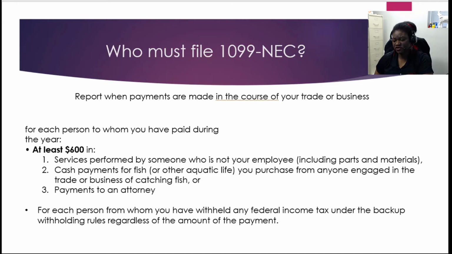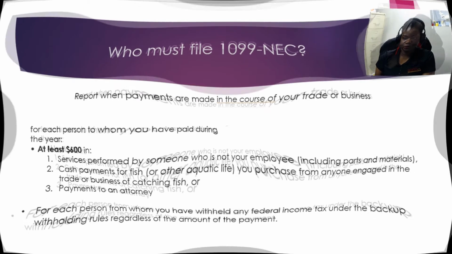For each person for whom you've withheld any federal income taxes, you would need to report that on a 1099 NEC as well, regardless of if you paid them the $600 threshold amount or not. So if you withheld any money, then you would need to file that on a 1099 NEC.